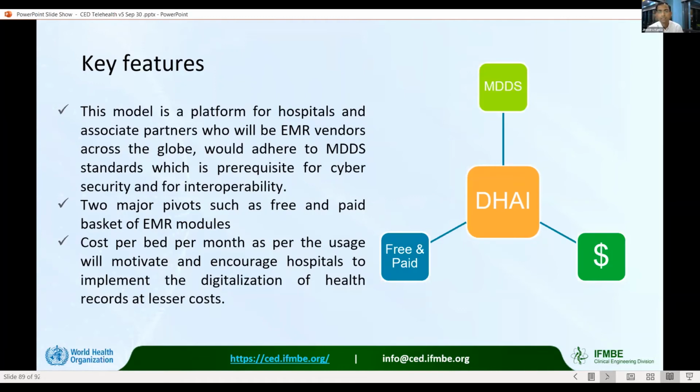So the commonality across the provider base would be on the legally valid data and metadata standards. Two, it would have a free and a paid basket, free to the extent it's possible to keep the project sustainable, and paid to the extent of choices and features that the hospital seek.